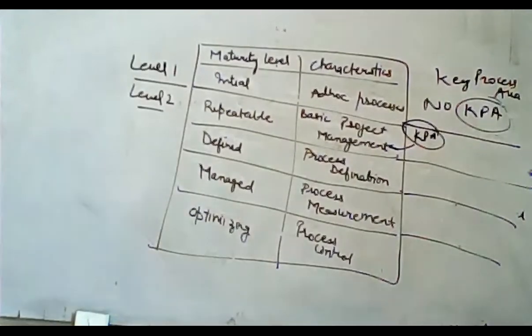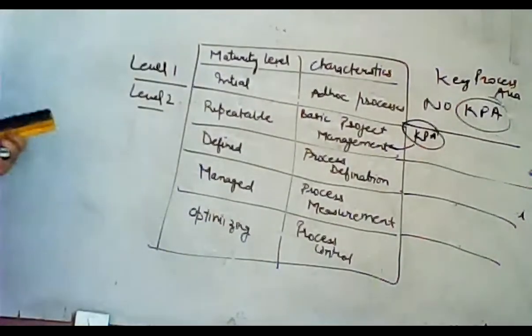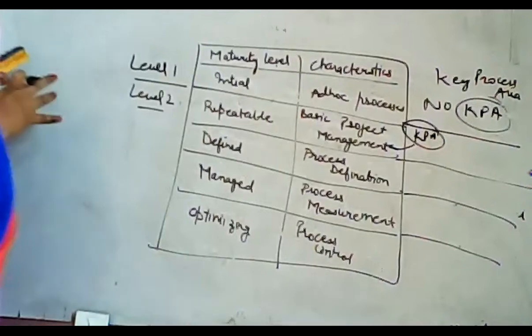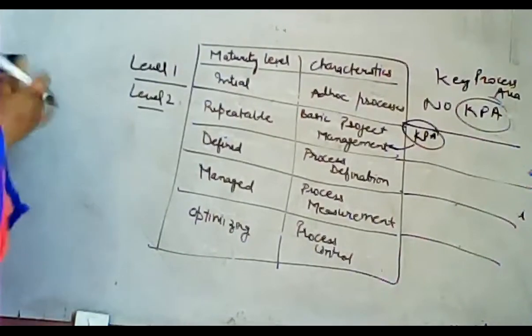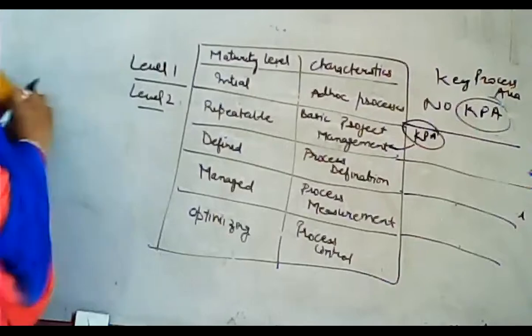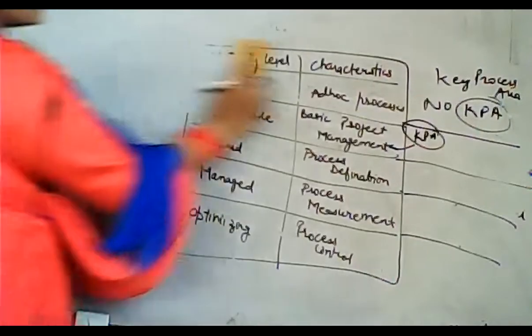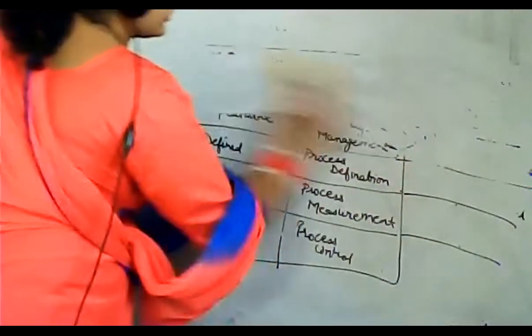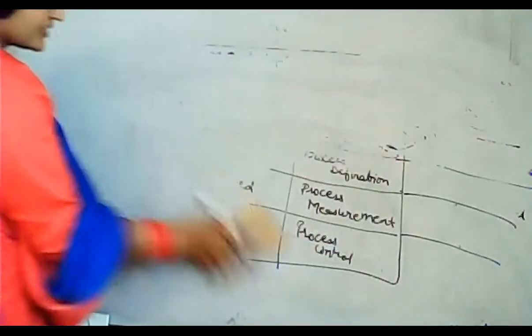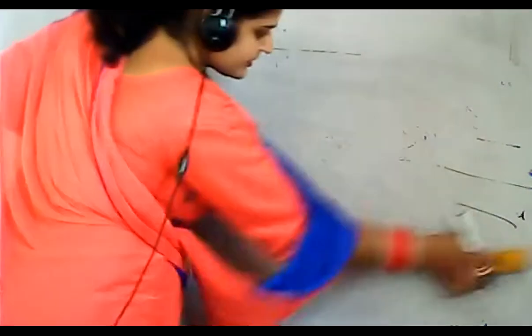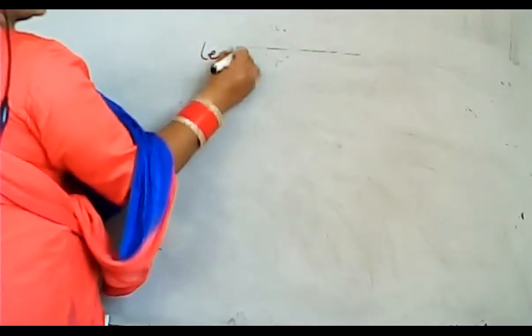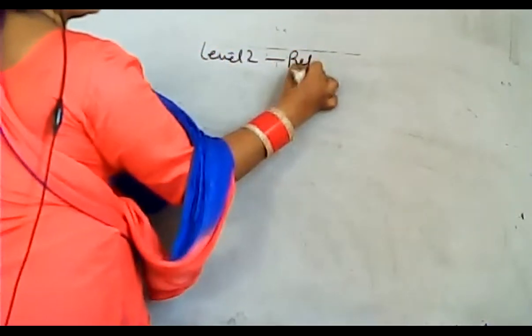I'll study level two, the repeatable level, in detail. I'm writing level two repeatable here and its key process areas.